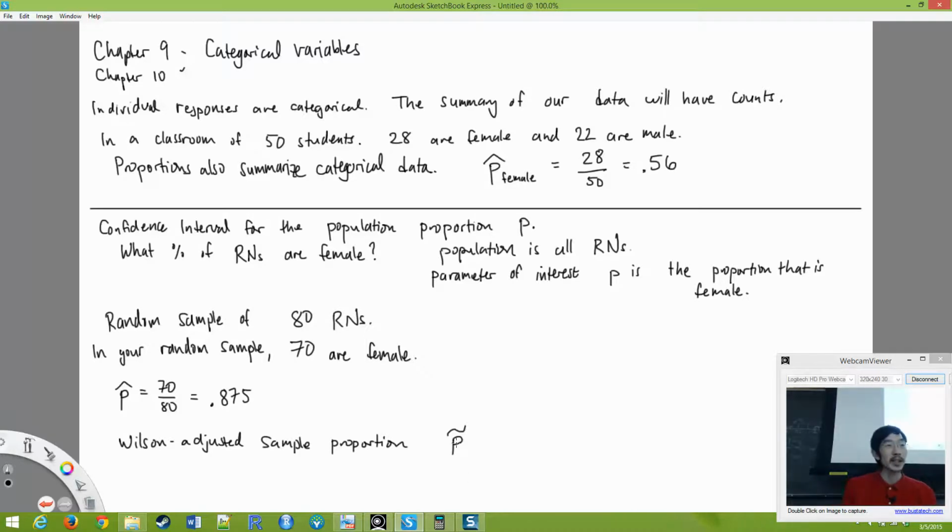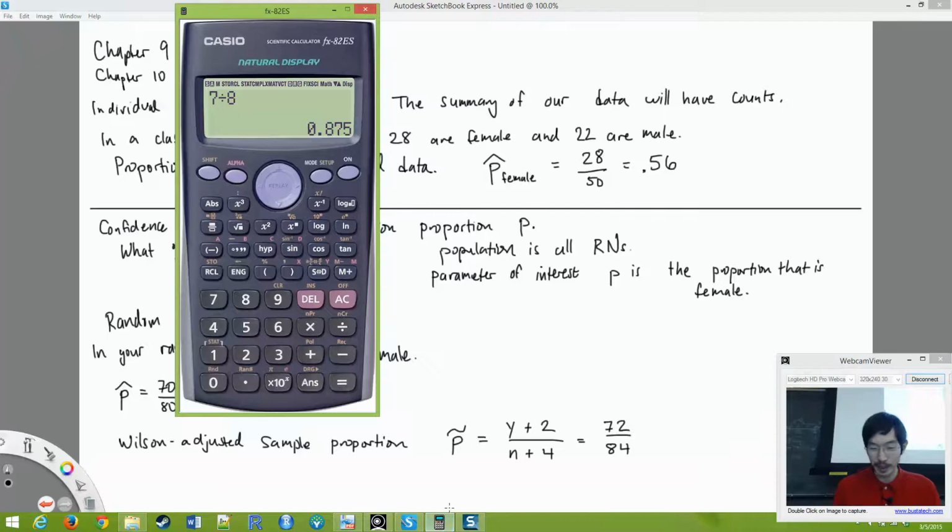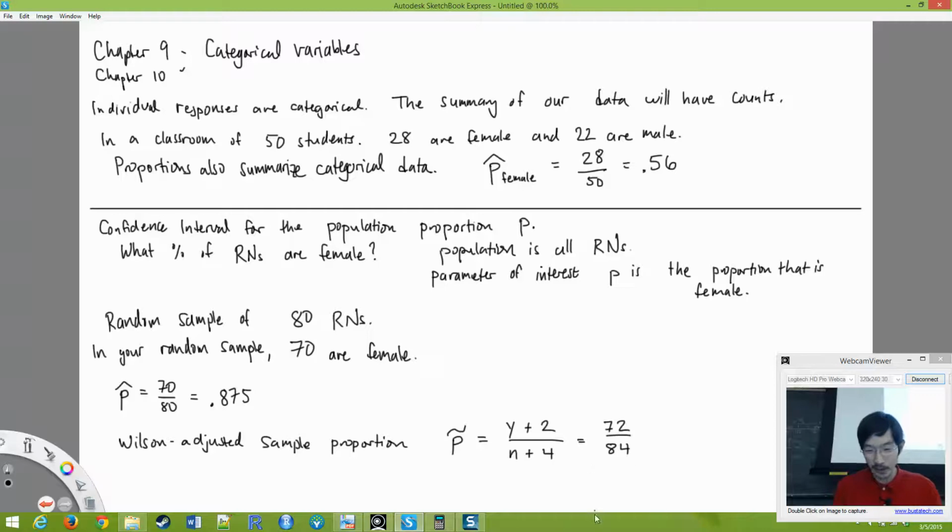It's not going to be 70 over 80. You take the count and add 2, and you take the sample size and add 4. So you get 72 over 84 for p tilde, and so you get 0.857 rather than 0.875.